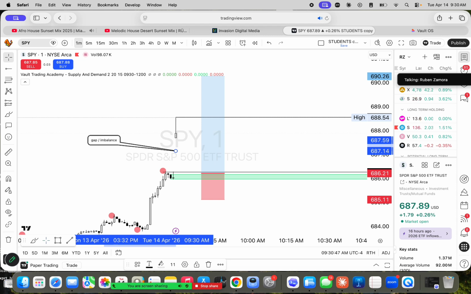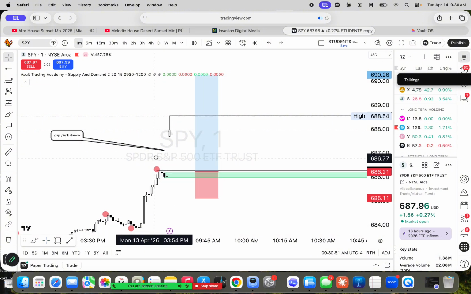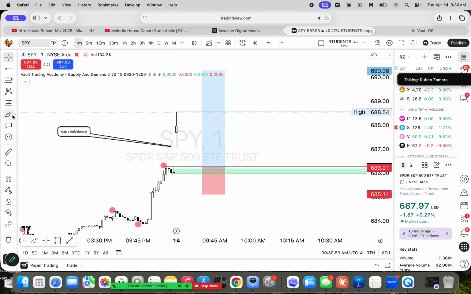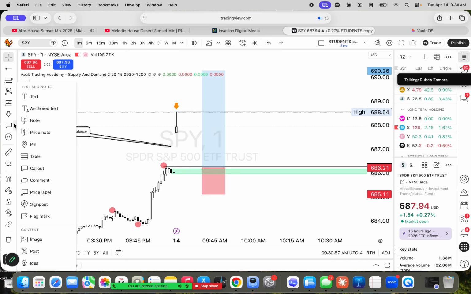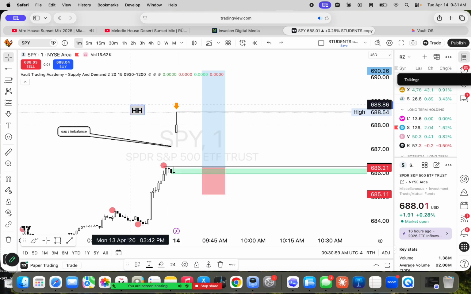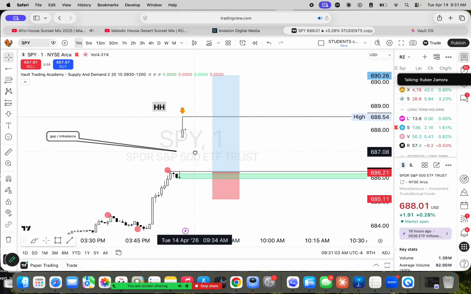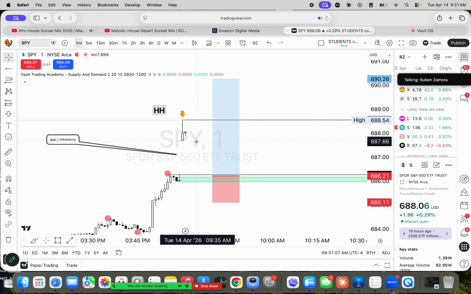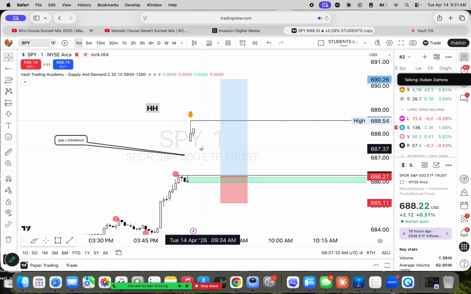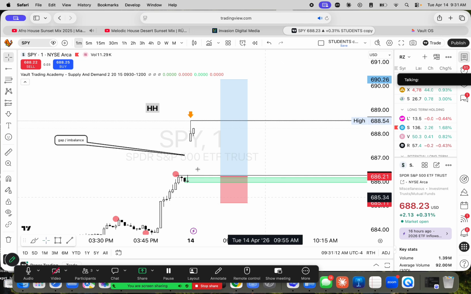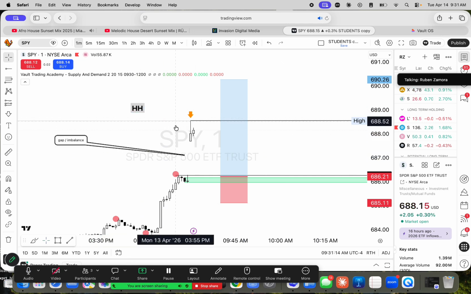Gap, imbalance, whatever you want to call it. Higher high, higher low. Watch for that high. Perfect. Letting the market do what it wants, but I want to see if I can create another demand zone. So that's just what we're watching right now. Just this high.